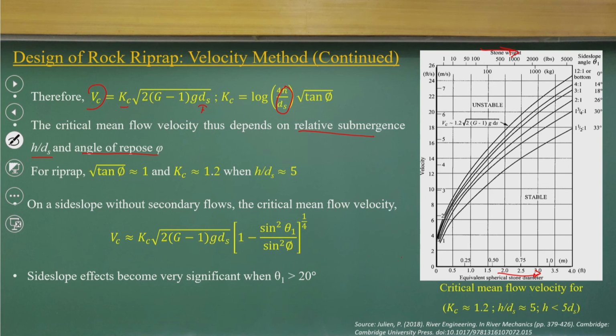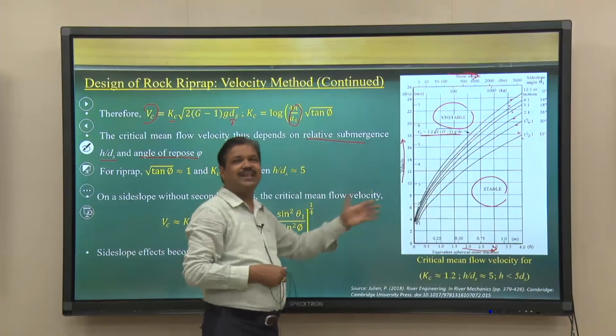On this side you have the velocity, and there is a curve of Vc equal to this, with regions of stable and unstable, and these curves are for different slopes, 3:1, 2:1. This is called a design chart. You do not have to remember these equations, you just have to have a design chart.